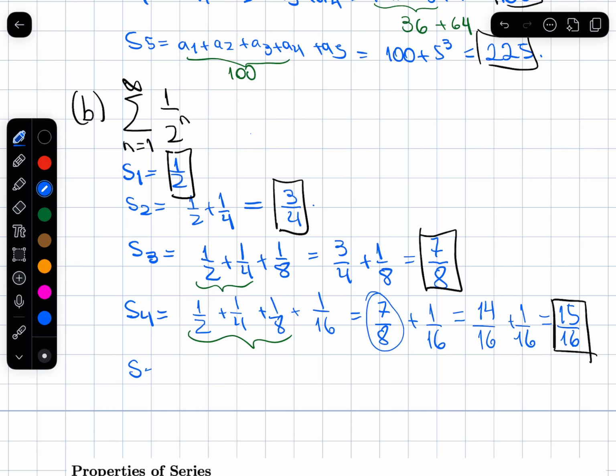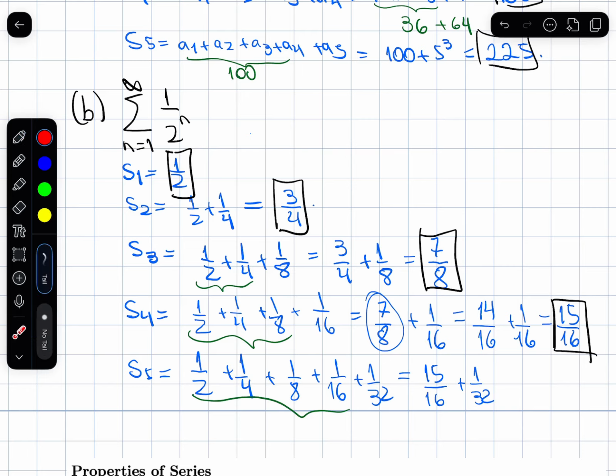And I'll do S5 just to confirm my pattern. S5 will be 1/2, 1/4, 1/8, 1/16, 1/32. So one more. When I plug in n equals 5, 2 to the power 5 is 32. And so this will be everything that I've already added, which is the previous term, 15 over 16 plus 1 over 32. So again, I multiply this one by 2 top and bottom, becomes 30 over 32. With the extra 1, it becomes 31 over 32.